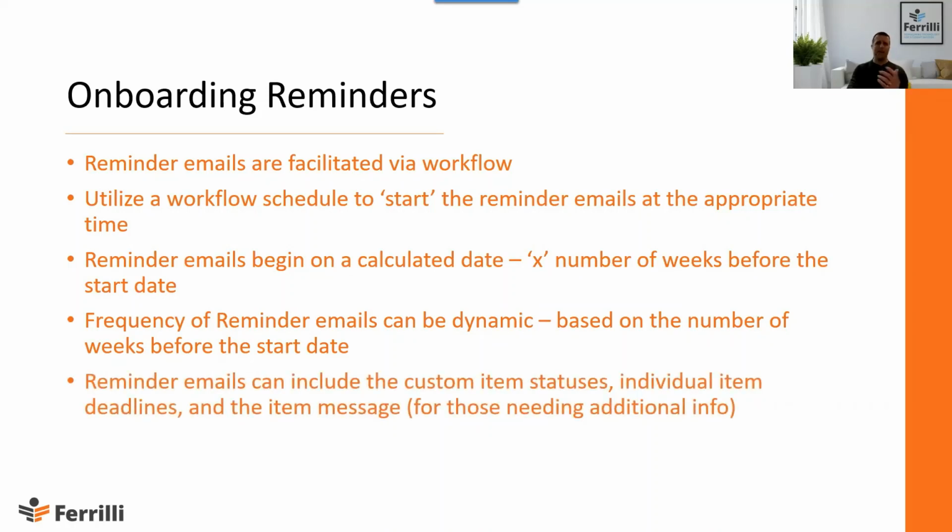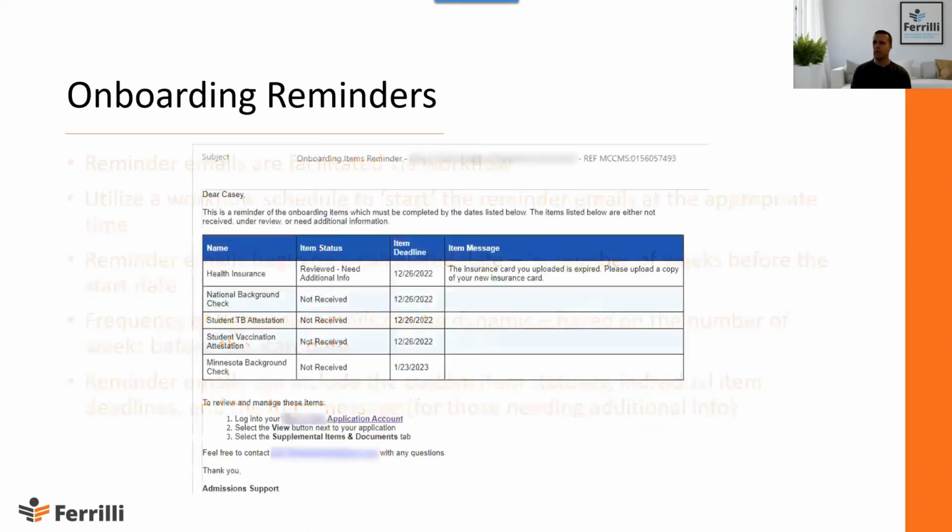Just a final thing here before I show you an example of what these reminder emails can look like: you can definitely include things like the custom item status, those individual deadlines, and even the item messages. So let's take a quick look at one of those onboarding reminders. You can see it has some similar components to the way that initial email looked.